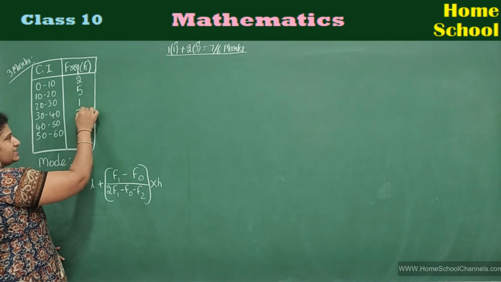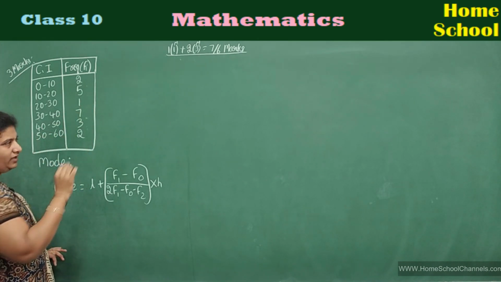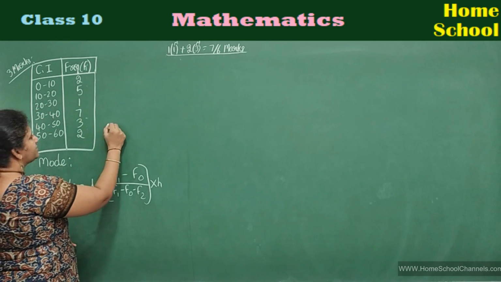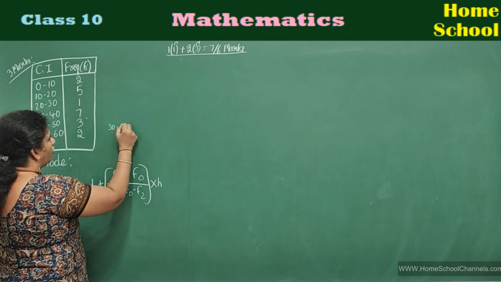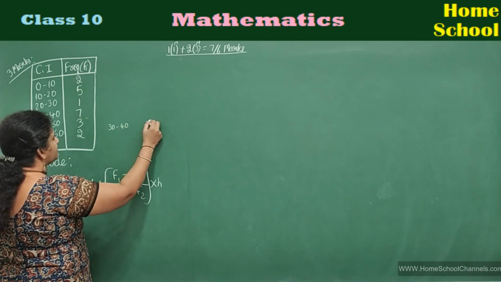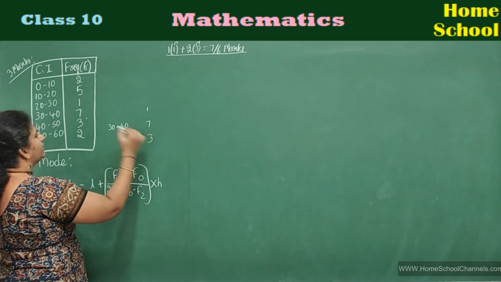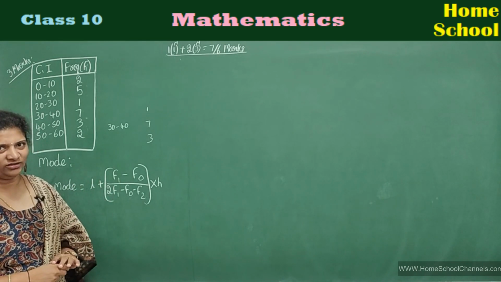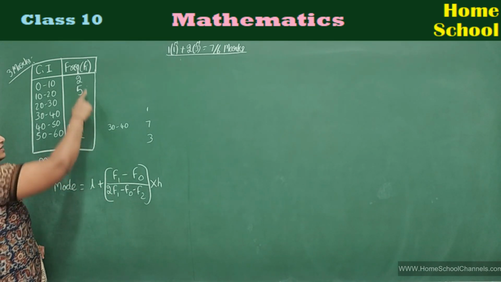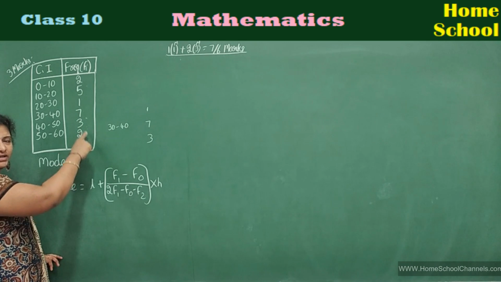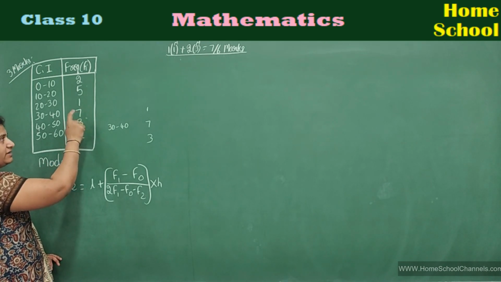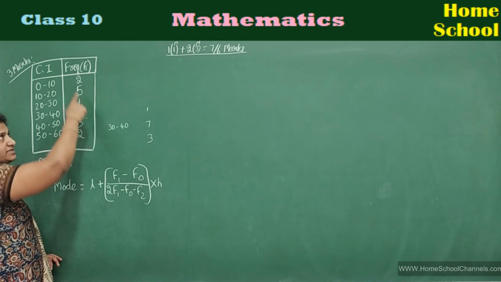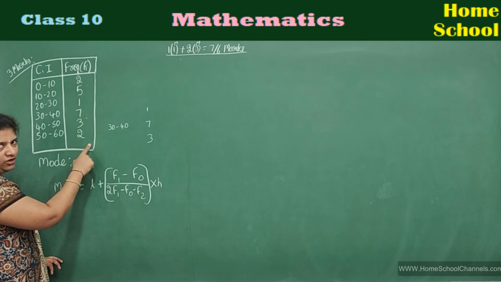Where you can see 7, can you see carefully? Let me take out only this one: 30 to 40, with frequencies 7, 1, 3. Only this much if I know, I can calculate mode. Which is the greatest frequency? 7 is the greatest frequency in the column.